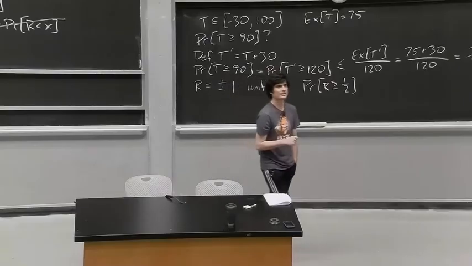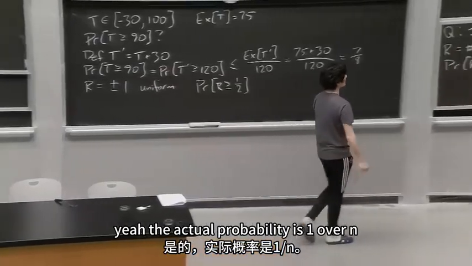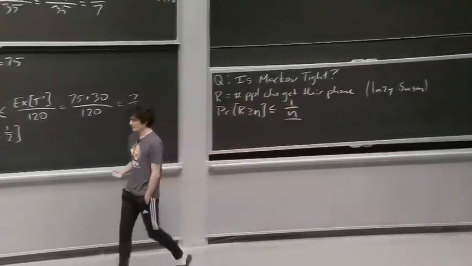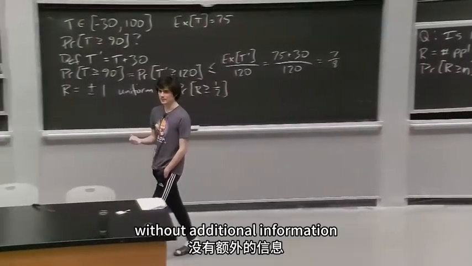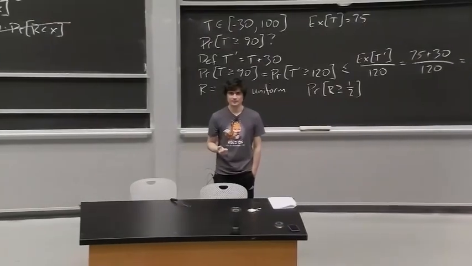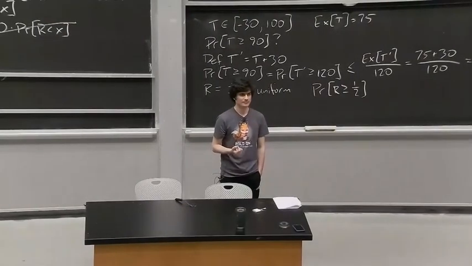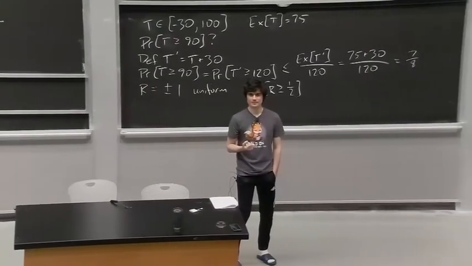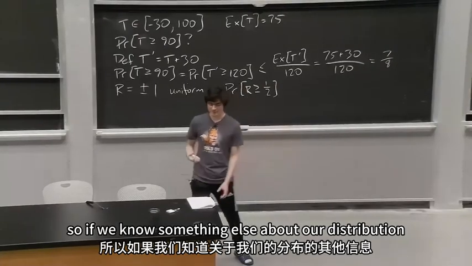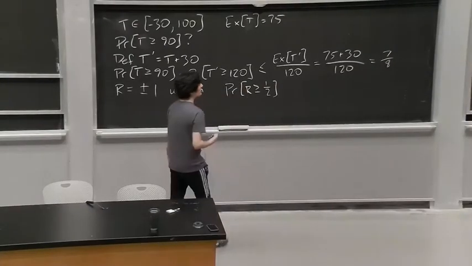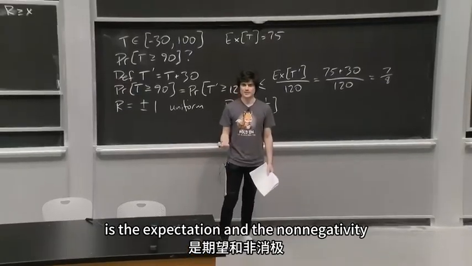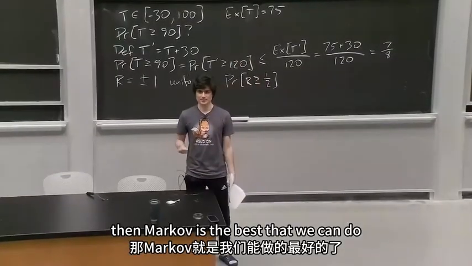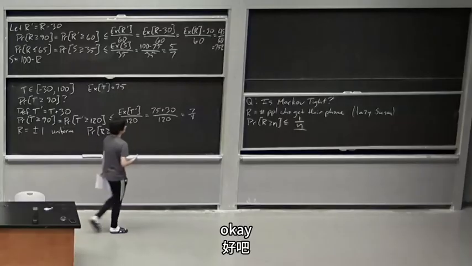Yeah, the actual probability is 1 over n. So this is tight. We can't say anything stronger than Markov without additional information. If we know something else about our distribution, then we might be able to say something more. But if all we know is the expectation and the non-negativity, then Markov is the best that we can do.